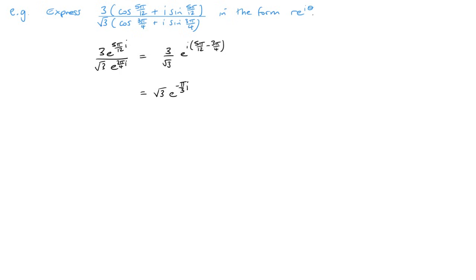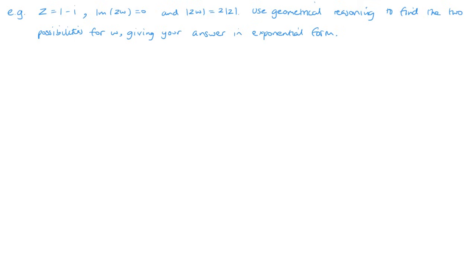Before we get into the questions, I've got just one more example for you. It gives us some information: use geometrical reasoning to find the two possibilities for W, giving your answer in exponential form.